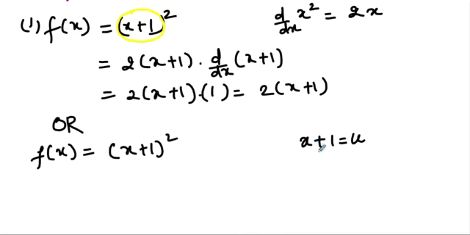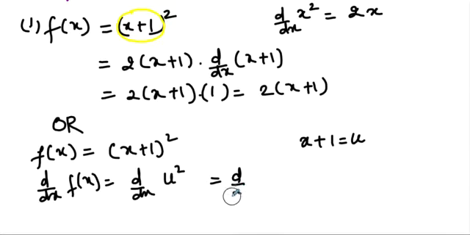If x plus 1 is u, then the derivative of the function, d by dx of f(x), is d by dx of u square, but I need to differentiate it with respect to u. So d by du of u square, then again du by dx.